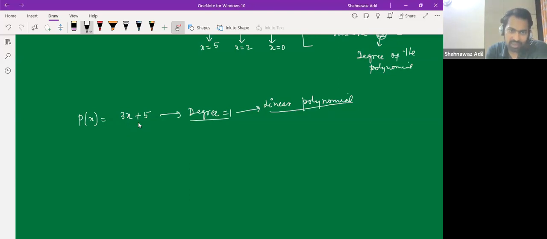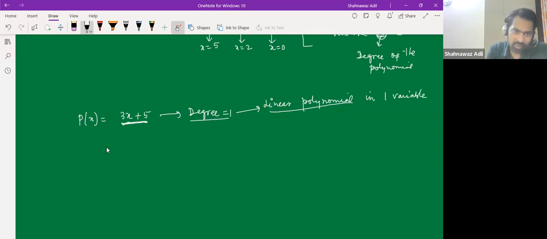And how many variables are there in this polynomial? 2, sir. So it's binomial. No, not the terms, but variables. 1. Yes, we have only one variable, which is x. So this is a linear polynomial in one variable.